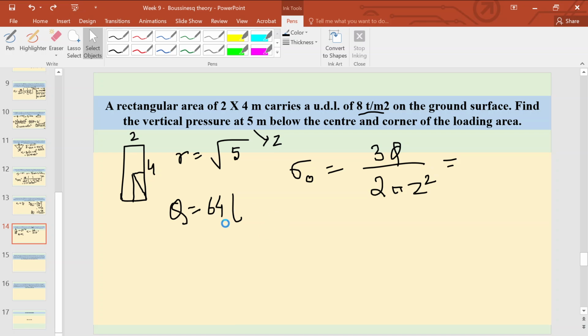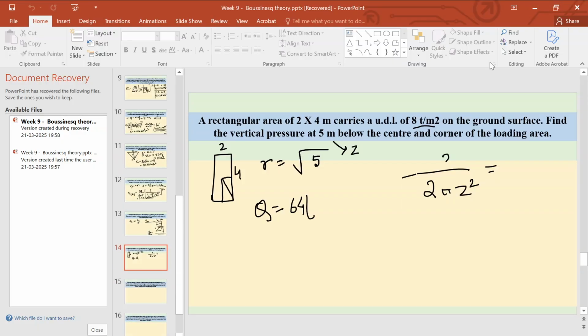Now it will start refreshing. I don't know. Okay, it has closed. Close it. Till how much I have done? Okay, that part didn't get saved. Delete.